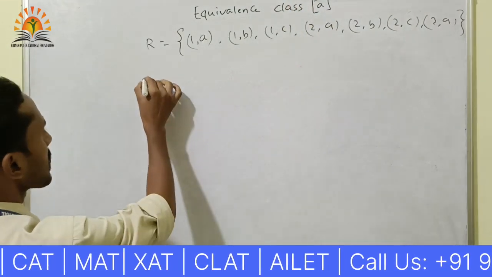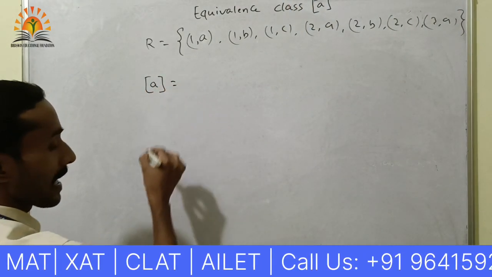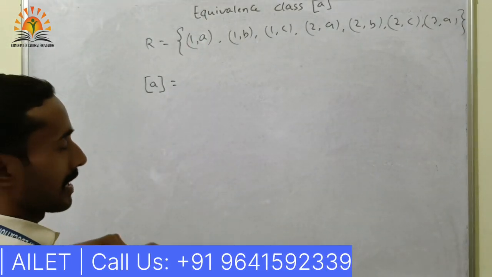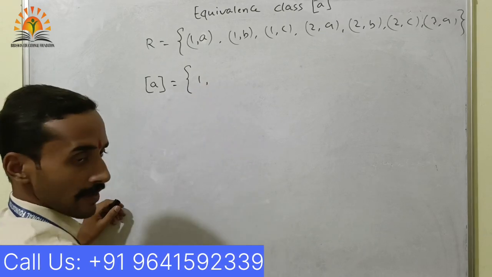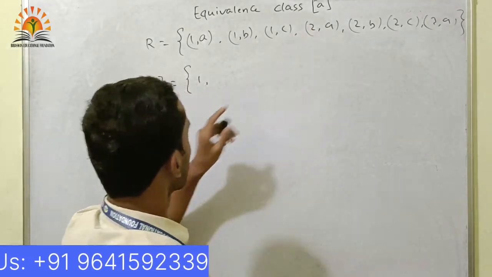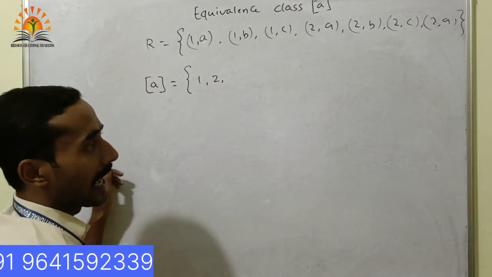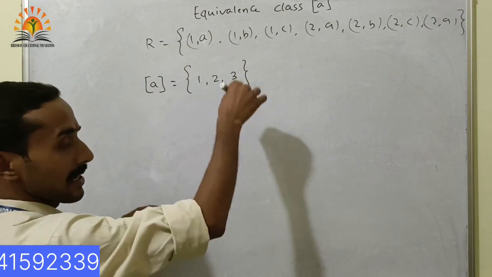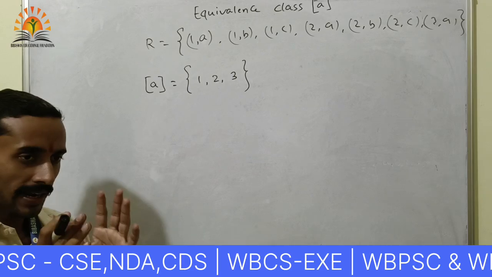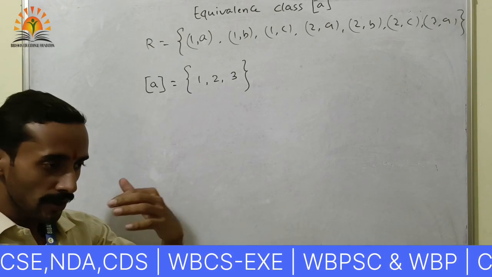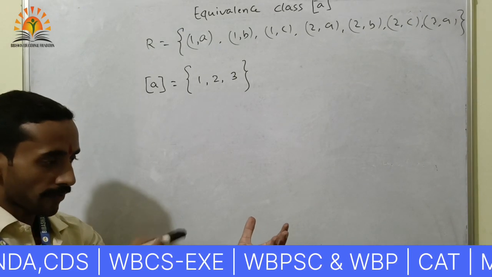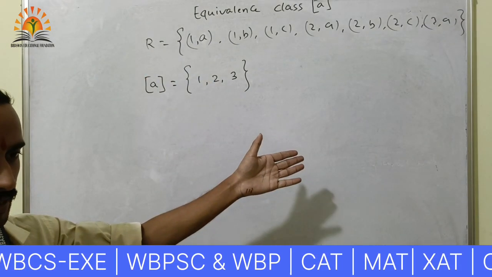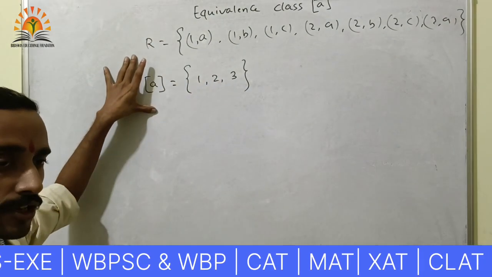So we have to check with whom a is connected. a is connected with 1, so it becomes 1. a is connected with 2, so here it is 2. This is known as equivalence class. If you want to find the equivalence class of any particular element, you have to check the relation and write the elements it relates to.